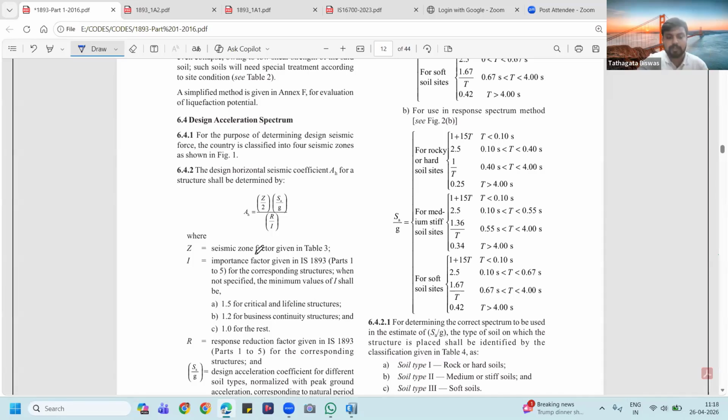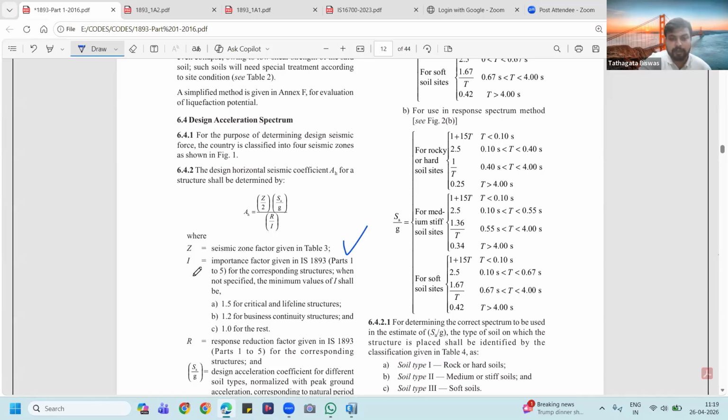The new 2016 code has come up with zone 2 onwards. There was no zone 1 in the recent code, though it was there in the previous code. So zones 2, 3, 4, and 5 have different zone factors, which are given in table number 3. You can refer to it later on.